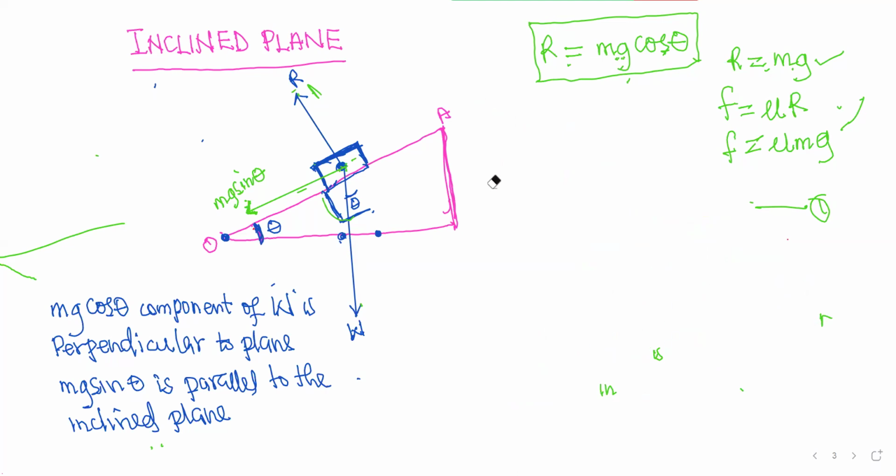So when we resolved, we got two components of the weight W. One component is perpendicular to the inclined plane, and that is mg cos theta.